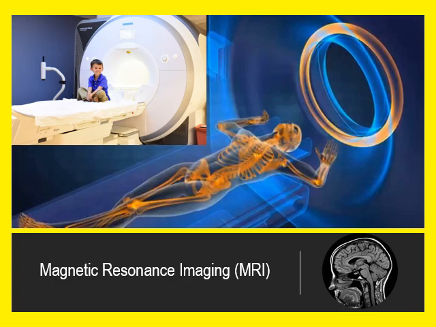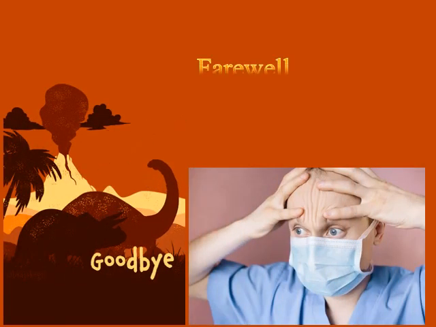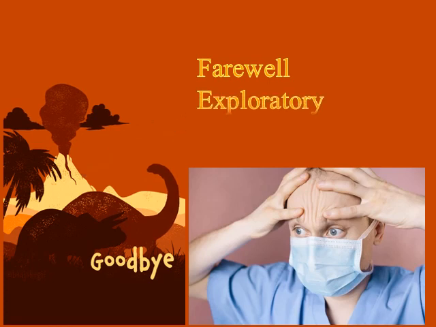The MRI was born, magnetic resonance imaging. The MRI permitted imaging the body without the risk associated with X-rays, as long as you remember to remove the coins from your pocket. The development of these and other imaging techniques, such as PET scans and endoscopy, have rendered exploratory surgery nearly as extinct as the dinosaurs.